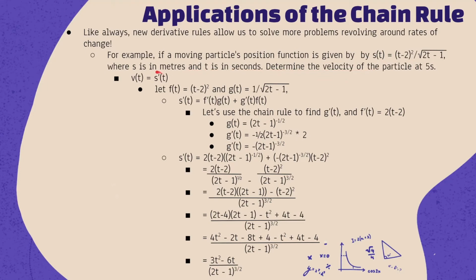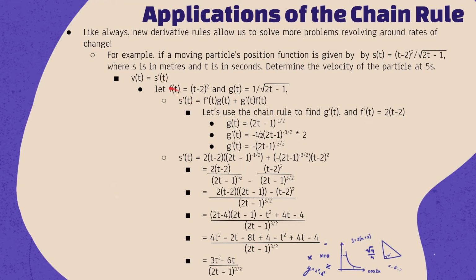We know that s is in meters and t is in seconds, and we need to determine the velocity of the particle at 5 seconds. We're asked for the velocity at a point, which means instantaneous velocity, so v of t equals s prime of t.